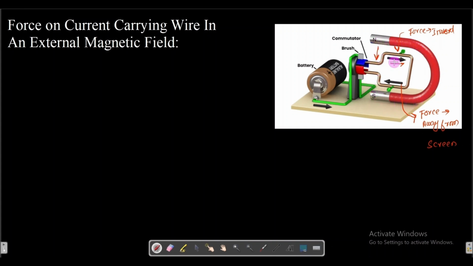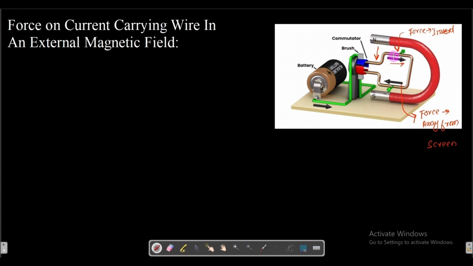Okay, and the force on this conductor is due to the interaction of the magnetic field produced from this conductor with the external magnetic field. This is about the force, and that force is actually a vector quantity, and a vector quantity will have direction.